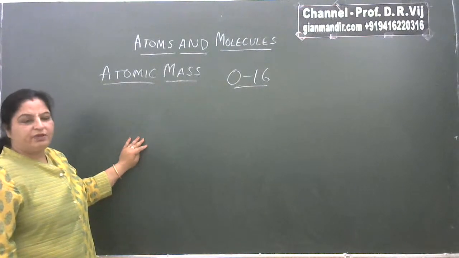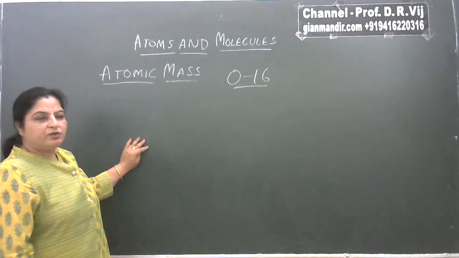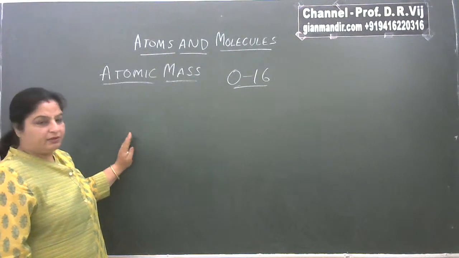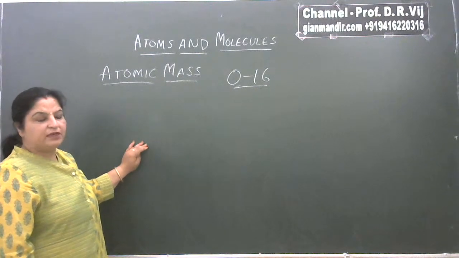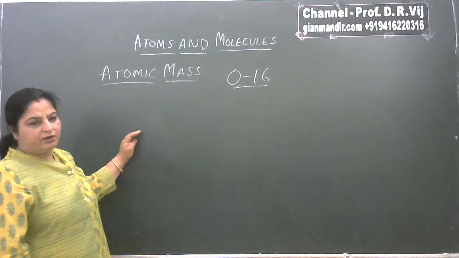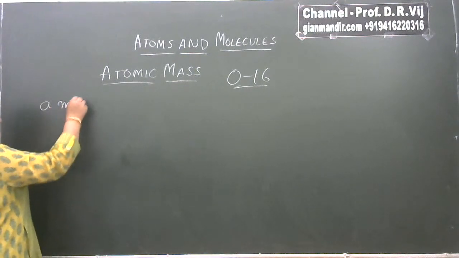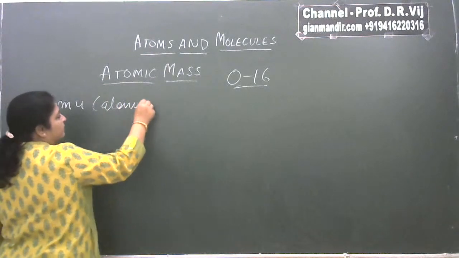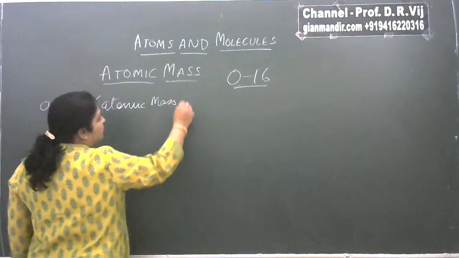For example, for measuring the mass of apples, you say 5 kilograms of apples. So kilograms or grams can be used for measuring the mass of any substance. But as atoms are extremely small, we cannot use grams or kilograms. So for measuring the masses of atoms, we have the unit amu, which stands for atomic mass unit.